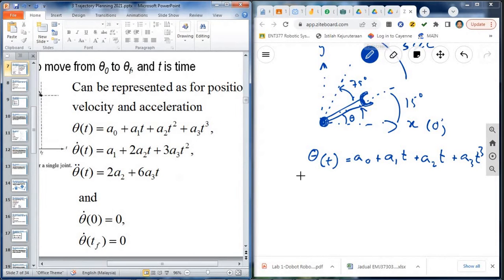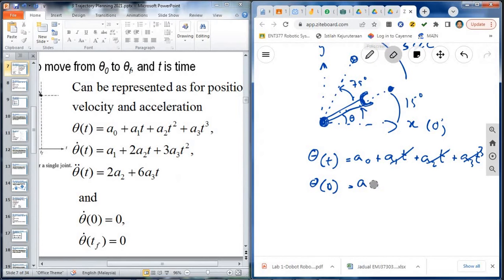Then at theta, the time equal to 0. At this point time equals 0, and this is time equals 3 seconds. When time equals 0, the other terms can be cancelled. So theta at 0 is equal to A0, the coefficient.